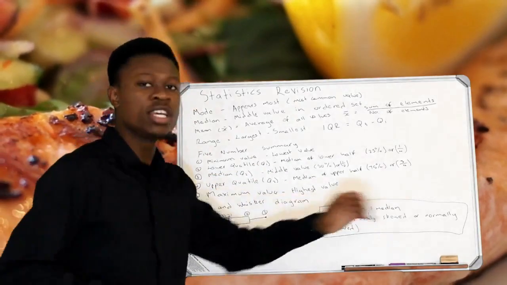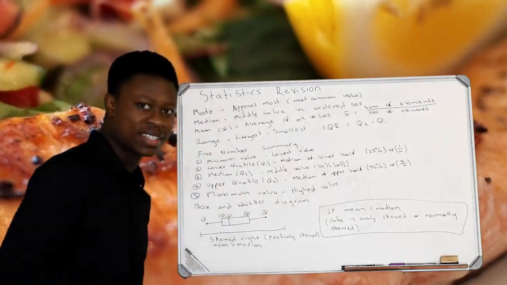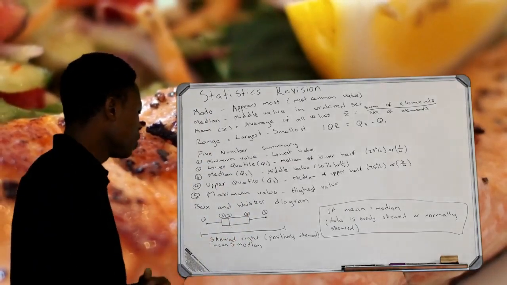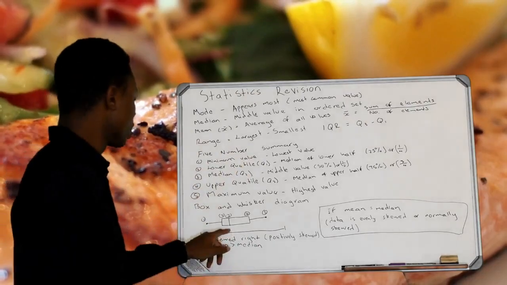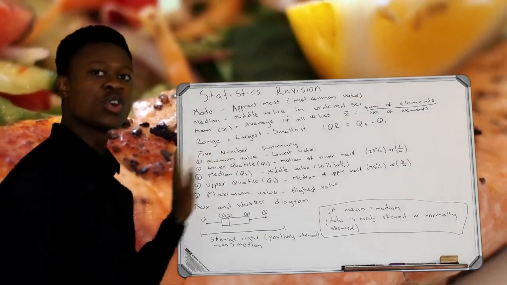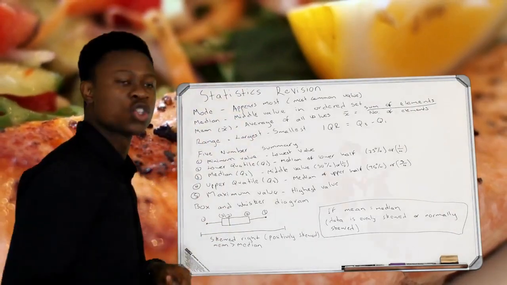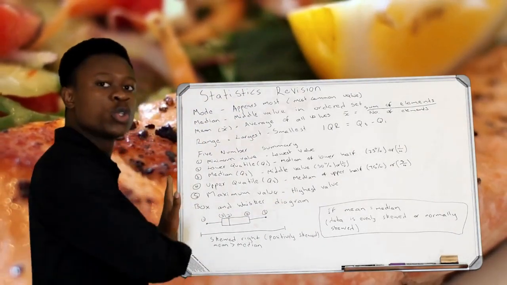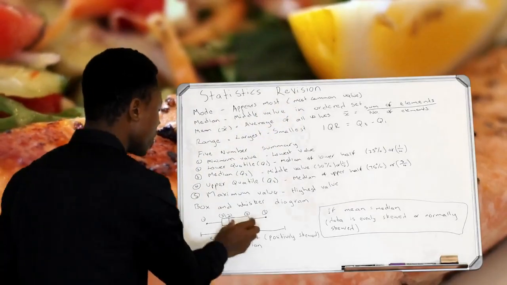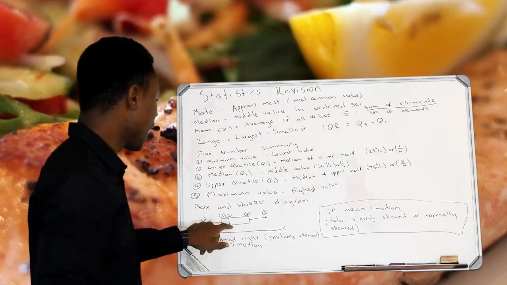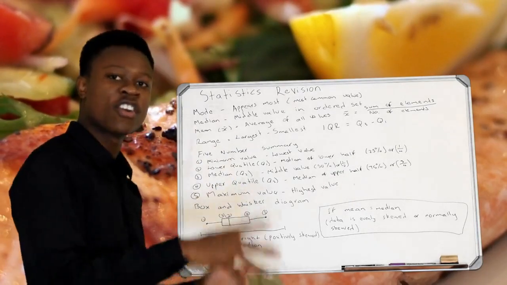It's evenly skewed, right? But when your median is leaning towards the left side, we call that skew to the right. Wherever it is, we choose the opposite side, because it's skewed to the right, where the biggest space is. So if your line is more to the left, it's skewed to the right.